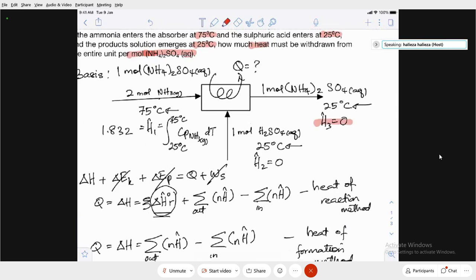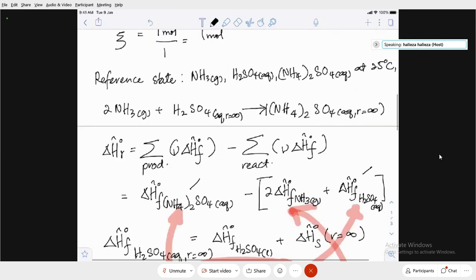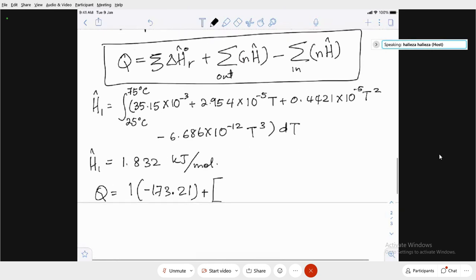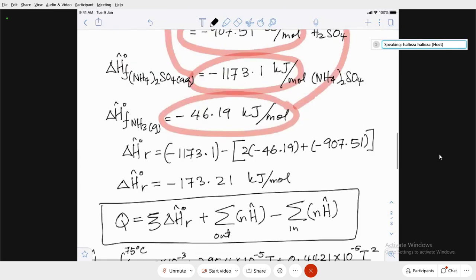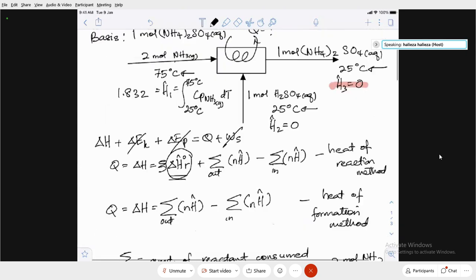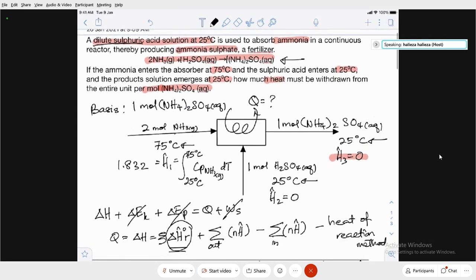That's the 1 mole coming out times the enthalpy, which is 0. 1 times 0. Don't really need that bracket, but I'm just going to stick with it. Okay. Now the input. For this input, I have 2 moles of ammonia, and that's my enthalpy. So 2 times 1.832.